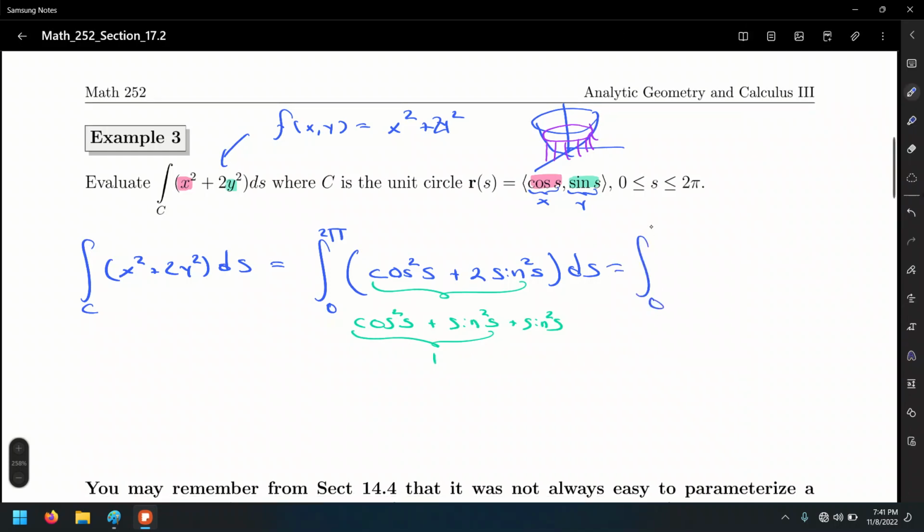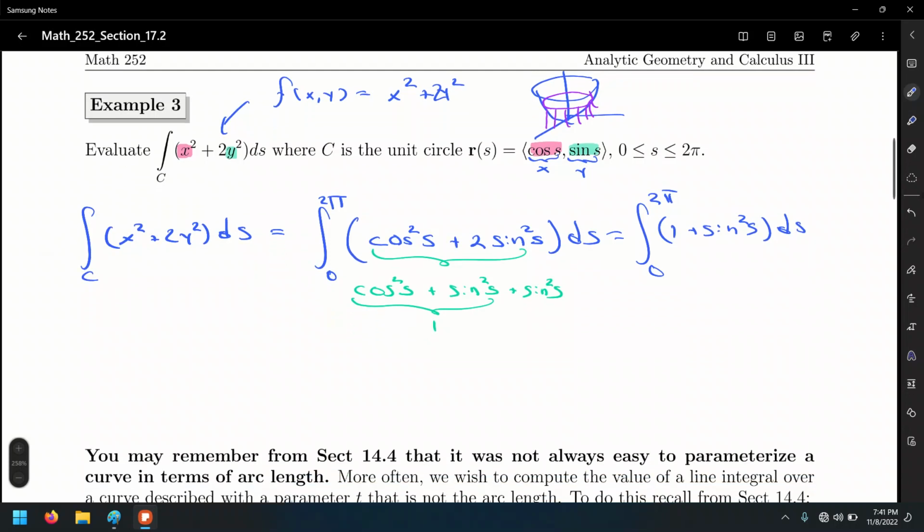And that's the integral from 0 to 2 pi of 1 plus sine squared s ds. This is really a Calc 2 integral because we have the integral of sine squared. We wish we had a factor of cosine so that we can use a u substitution, however it's not the case.